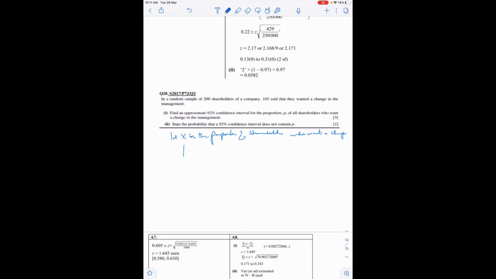So the proportion is 103 who said they want to change, so Q is going to be 97 who said they don't want to change.